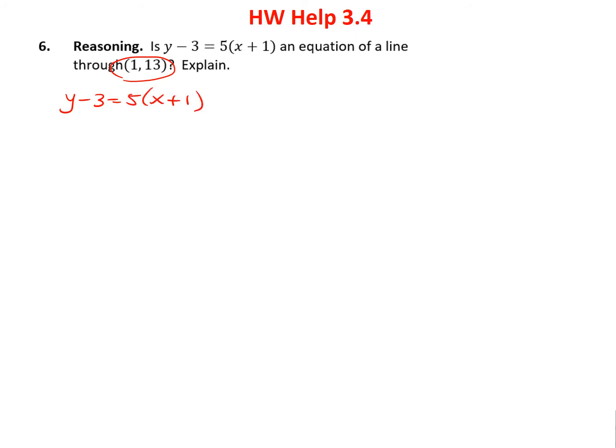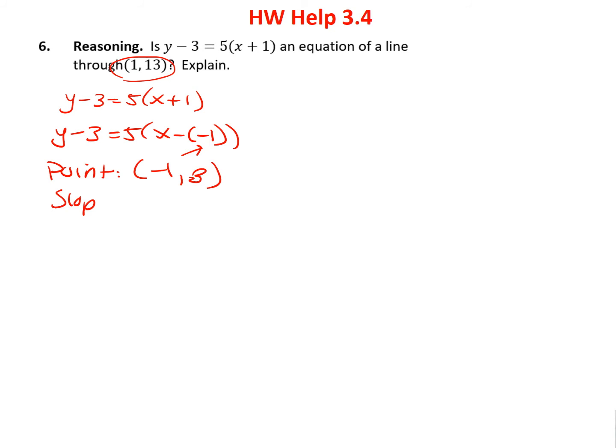If I write it with subtraction, I could have y minus 3 equals 5 times x minus -1, and I would say it goes through the point (-1, 3) and has a slope of 5. But that doesn't necessarily tell me whether the point (1, 13) belongs there. It might not. This just tells me that this other point is on the line.